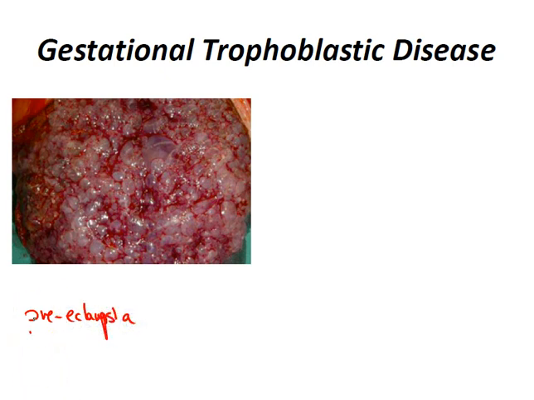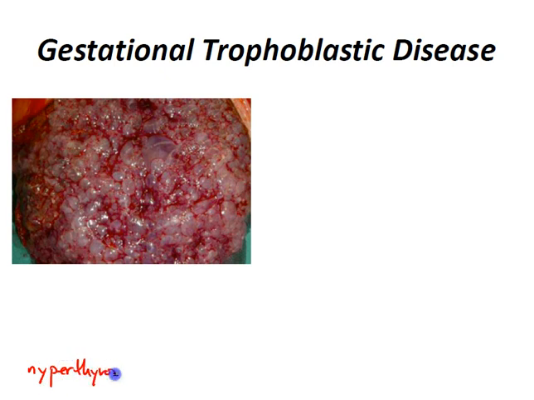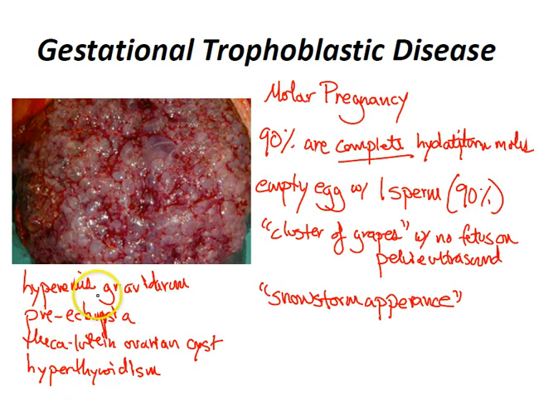You see theca lutein ovary cysts. And you also see hyperthyroidism. So these are the 4 things that you see with the classic signs and symptoms of complete moles.